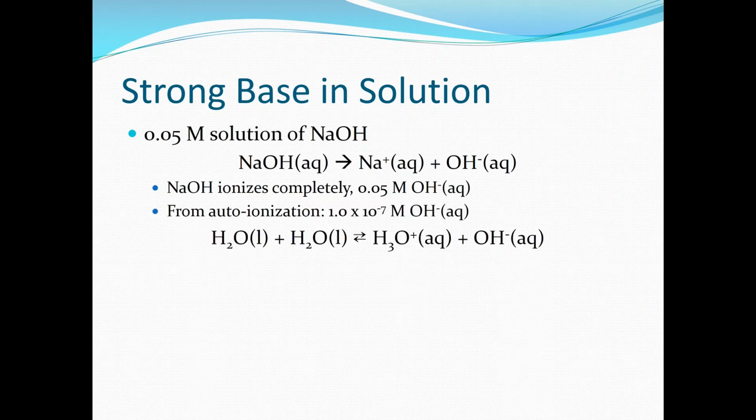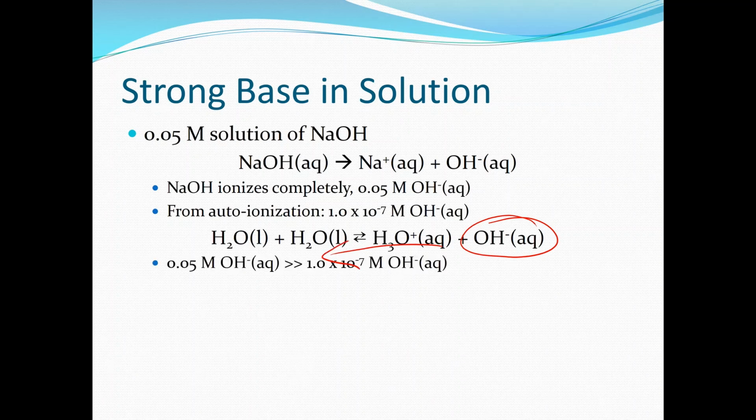And so, again, let's compare that to the autoionization of water. From neutral water, we would have 1.0 times 10 to the negative 7th from the autoionization of water. We've now added a whole bunch of this product, hydroxide. And so the autoionization of water, again, is going to be driven back towards the reactants.